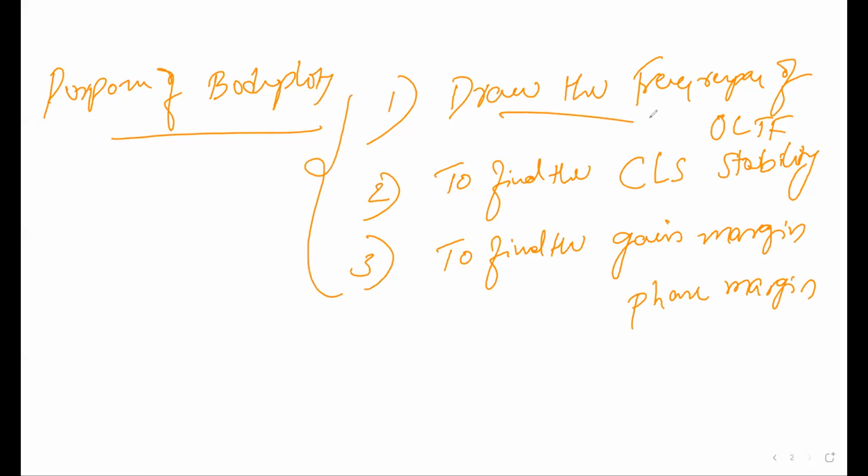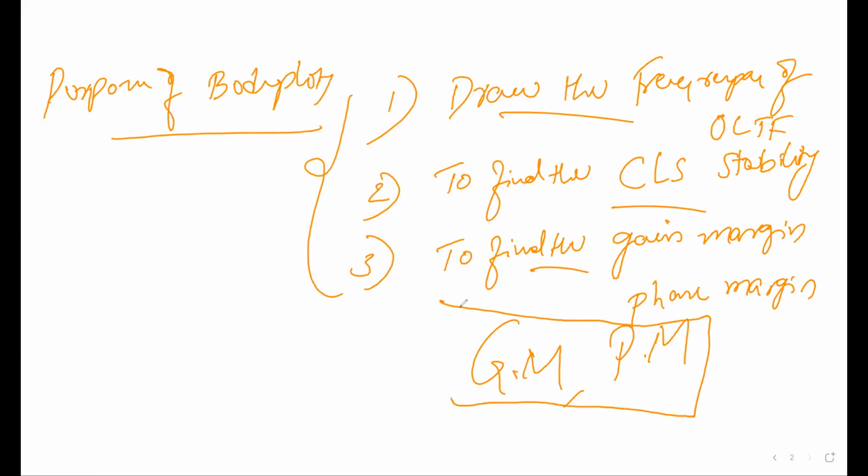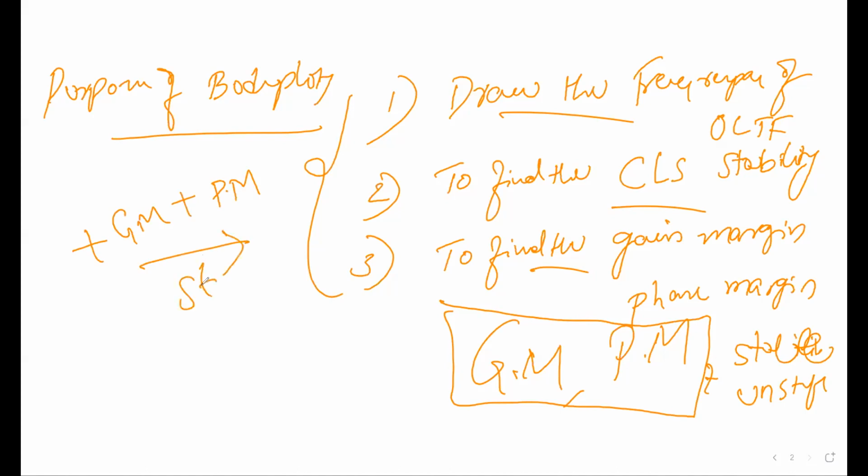So these are the three main purposes of the Bode plot. First, the main purpose is frequency response. Next, to find the closed loop system stability, and to find the GM gain margin and PM phase margin. Based on the values of gain margin and phase margin, we have to identify whether the system is stable or unstable. If both are positive, the system is stable.